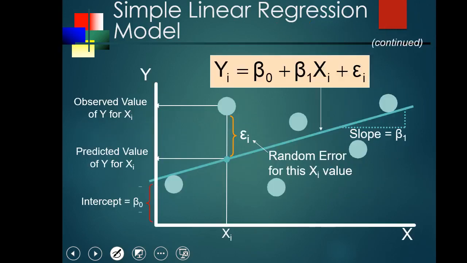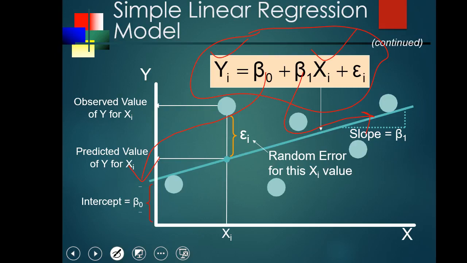Now if you see this equation, this is basically the equation of a line. As I said, x and y are the independent and dependent variables respectively. Beta naught is the y intercept, and beta 1 is the slope of this line.